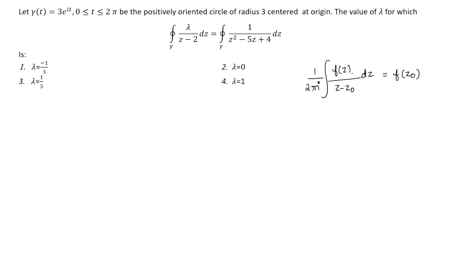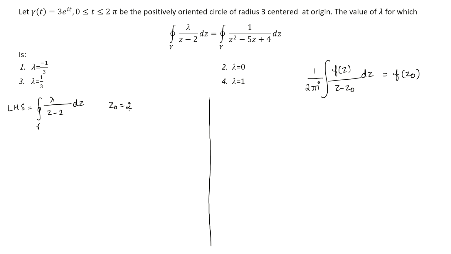Okay, so if we consider our LHS, then our LHS is integral over gamma lambda by z minus 2 dz, right? So here we have z0 equal to 2 and 2 is clearly lying inside gamma, right? It is lying inside the circle.